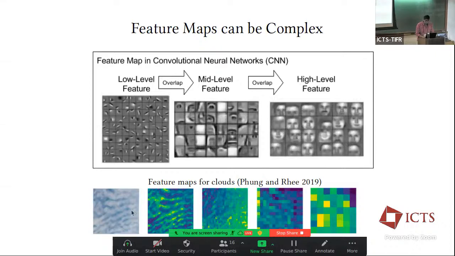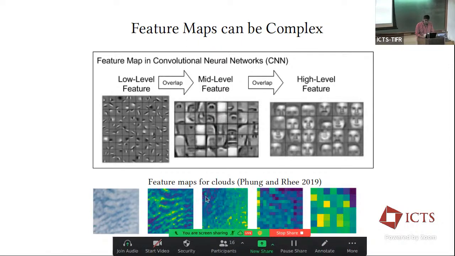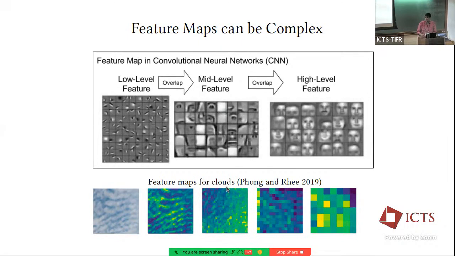There are patches where there are no clouds, and patches where there are clouds, depending on the temperature. And the second layer, which builds on this first layer, is less interpretable. You can't really figure out what it means and how you can actually make a prediction based on this. And the deeper you go into the neural net, the less interpretability you have of your input.